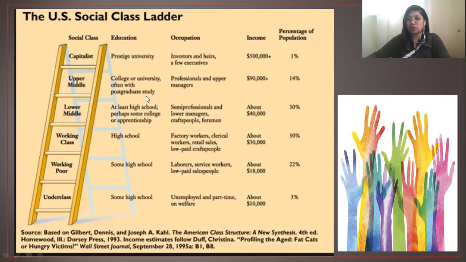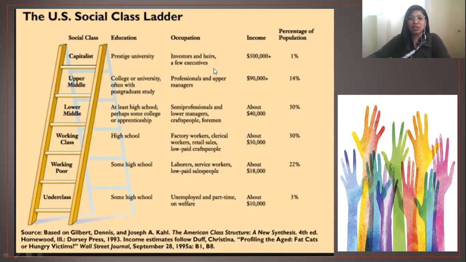The lower middle have at least high school, perhaps some college or apprenticeship. The working class are high school graduates. The working poor, some are high school graduates, and for the underclass, some have some high school.